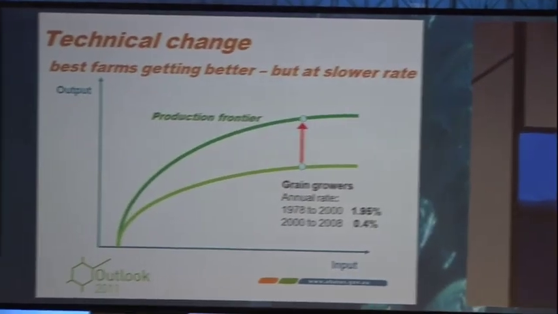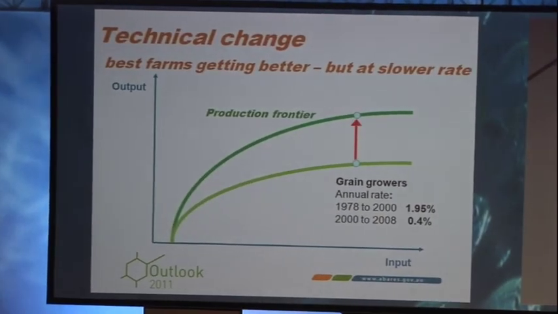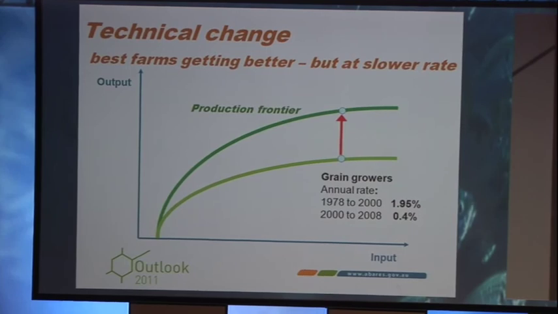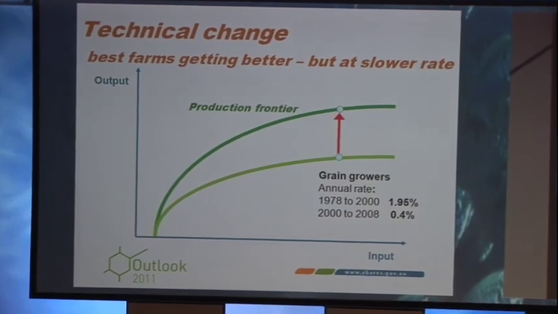So let me just show this stylised diagram here. We've got a production frontier here. That just means what do you get for outputs for a given set of inputs. It's a very simplistic thing just to basically illustrate the point. So the frontier here is getting pushed out by R&D, new innovation, new technologies and so forth coming forward.